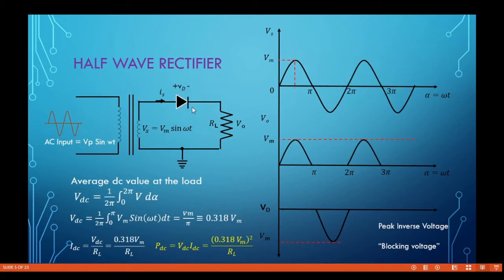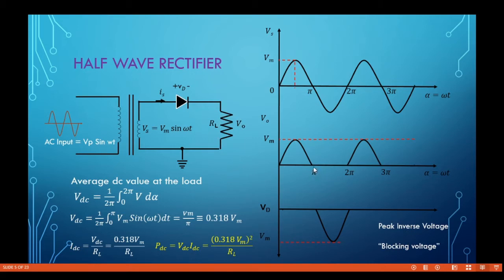When this diode gets into the reverse bias region, it offers a very high resistance to the current. That resistance mostly drops the voltage here and will block the current. Due to this, the output at the load is also 0.